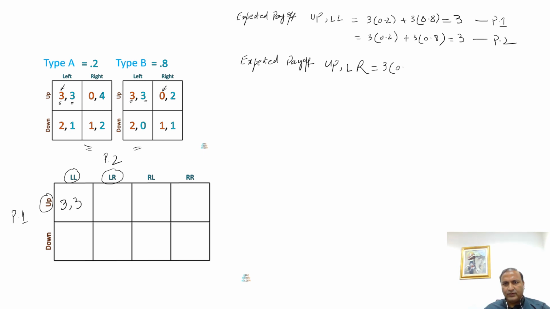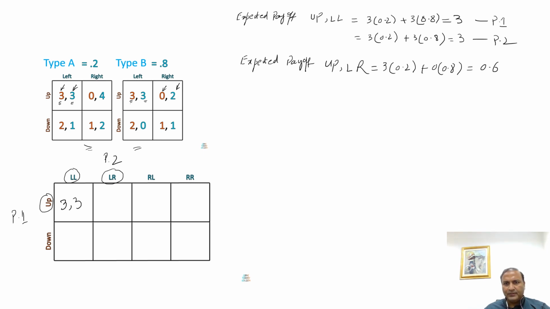3 times 0.2 plus 0 times 0.8. So how much is that then? 3 times 0.2 is equal to 0.6. So this is for player number 1. If we look at player number 2, then he is left right, so it means he can get this payoff, or he can get this payoff. So now we can again calculate the expected payoff.